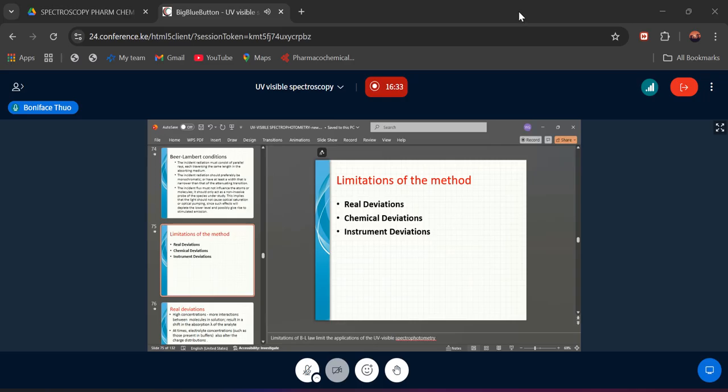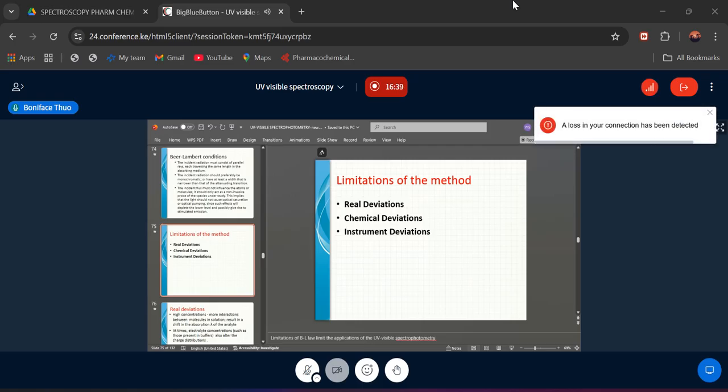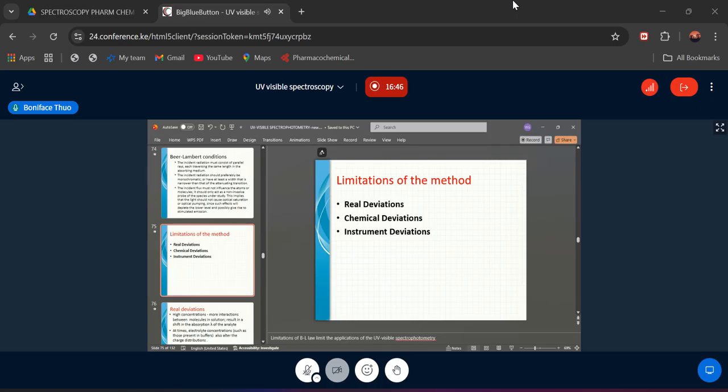There are some limitations or challenges that are encountered when carrying out UV visible spectroscopy, and these can be classified into three. There are those deviations that are real, which are expected because of the way the method operates.